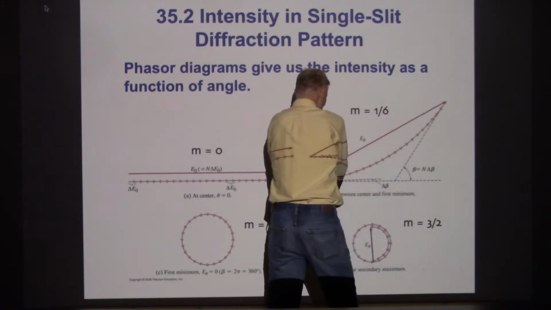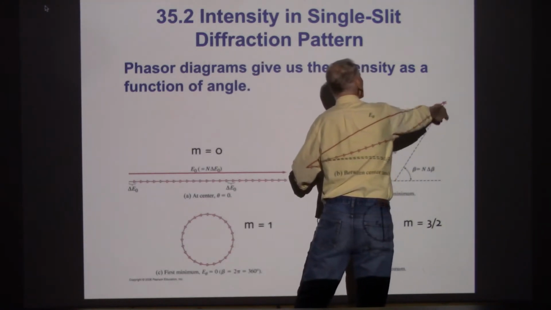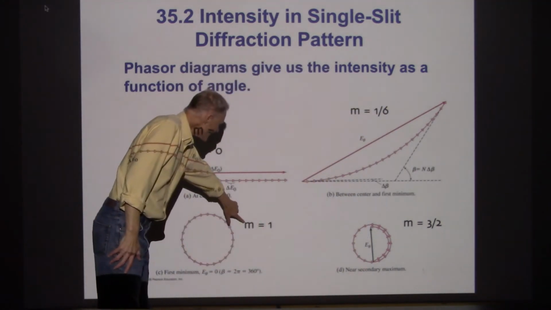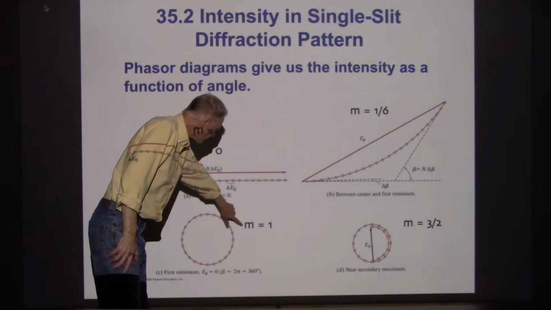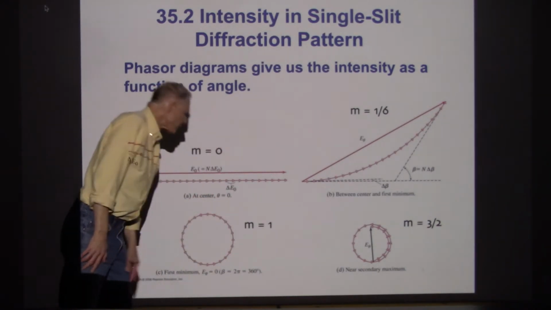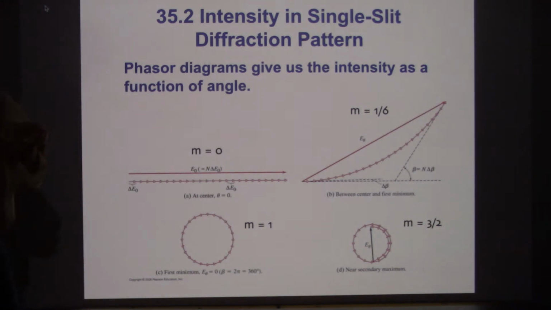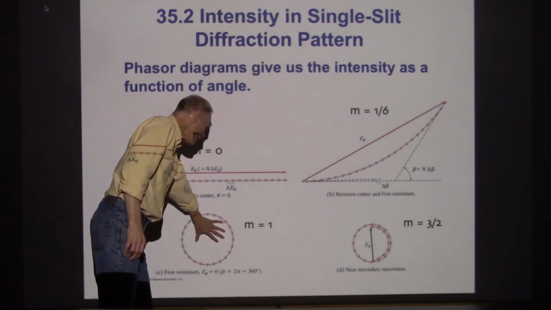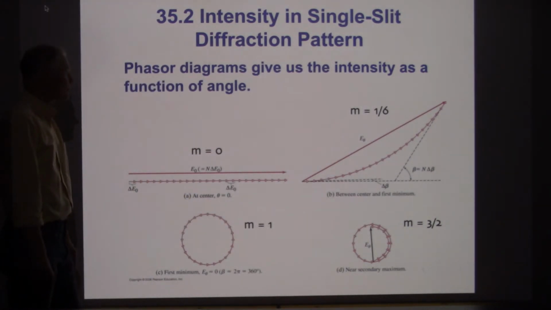Now, if I take this full length of dAs and keep wrapping it tighter and tighter, by the time I get out to m equals 1, the first path and the last path line right up, because there are all possible phases within each of the intermediate paths, and that gives us 0 net amplitude.